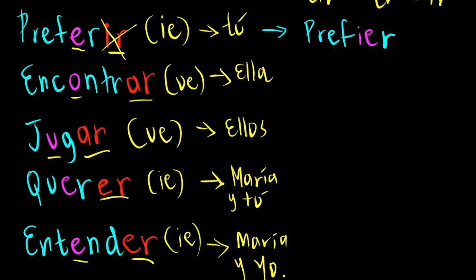That R still stays there. And then we conjugate because we got rid of the ending. What is the conjugation for tú? This is an IR verb. What is the conjugation? Review your conjugations for IR verbs that you already memorized. The conjugation is ES.